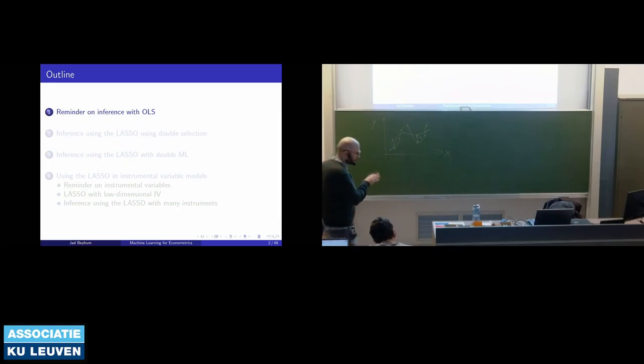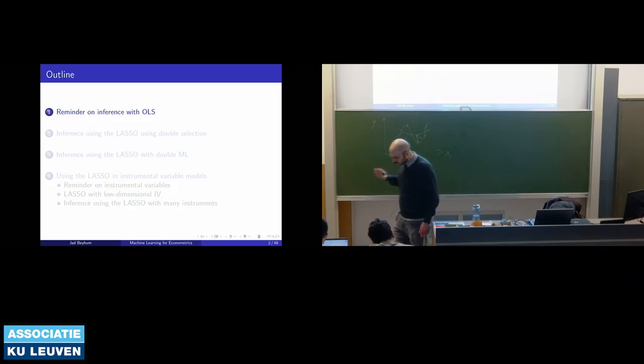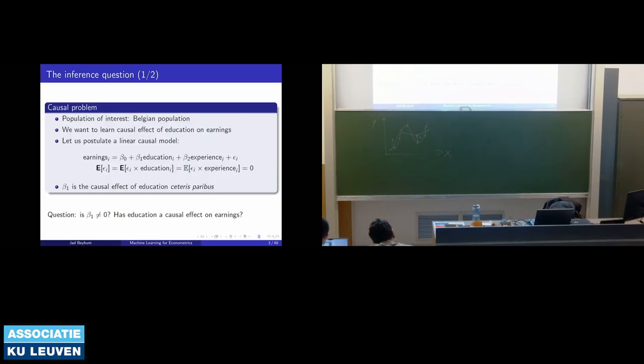So the first thing is I want to give you a reminder on inference with OLS, sorry, and hypothesis testing with OLS. So let's fix the problem. I want to learn the causal effect of education on earnings. Always my same example.